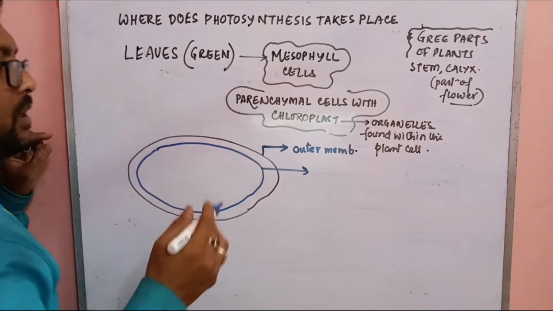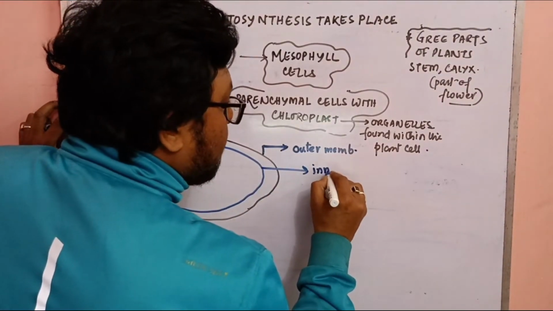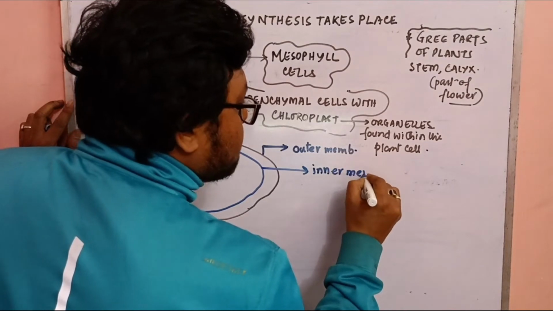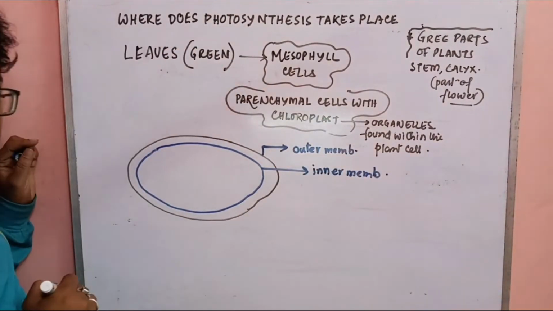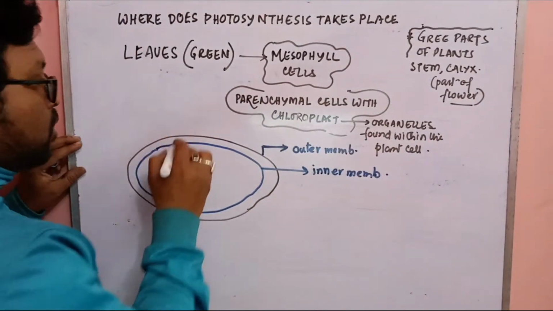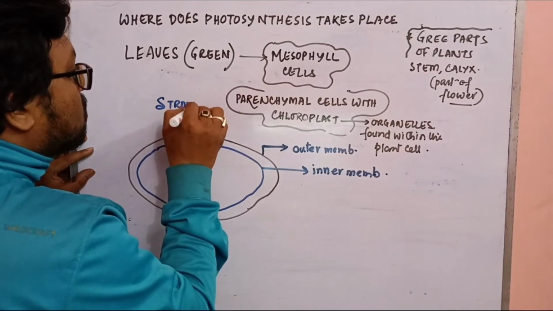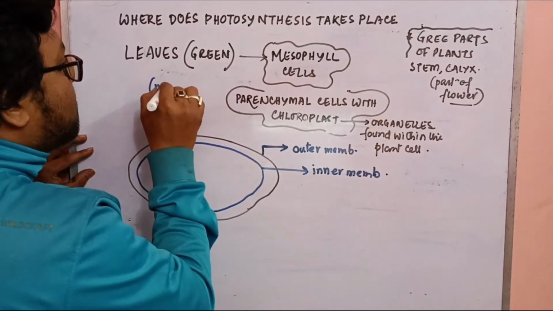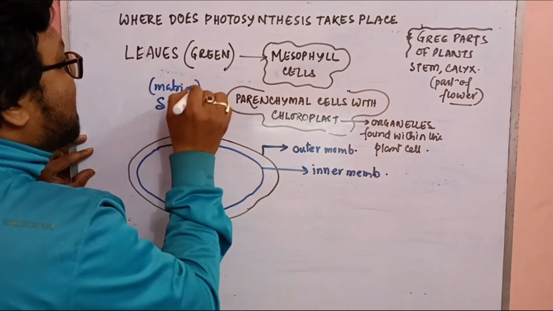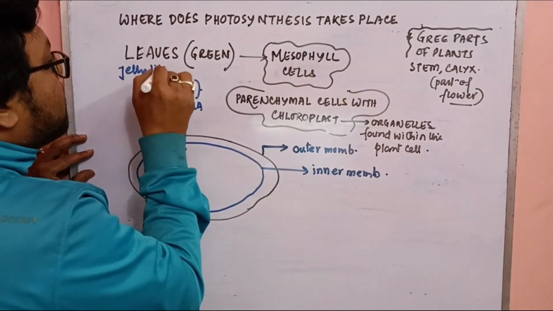The outer membrane covers the inner membrane. Generally, the inner membrane encloses the stroma. Stroma, or we even call it matrix, is a jelly-like substance.